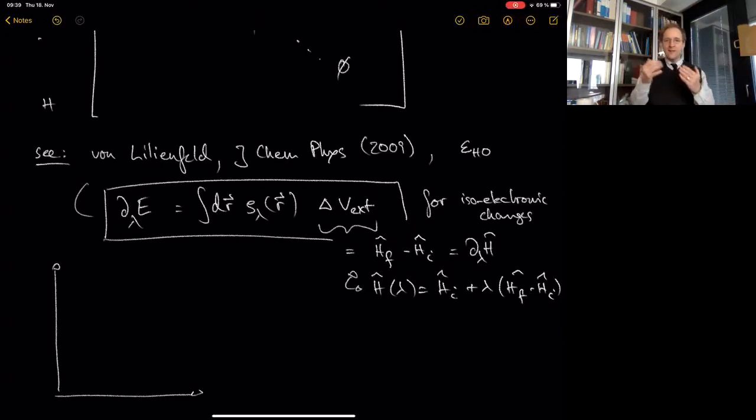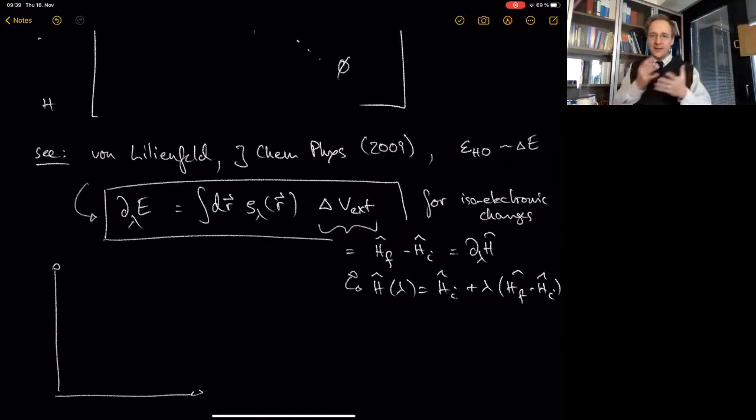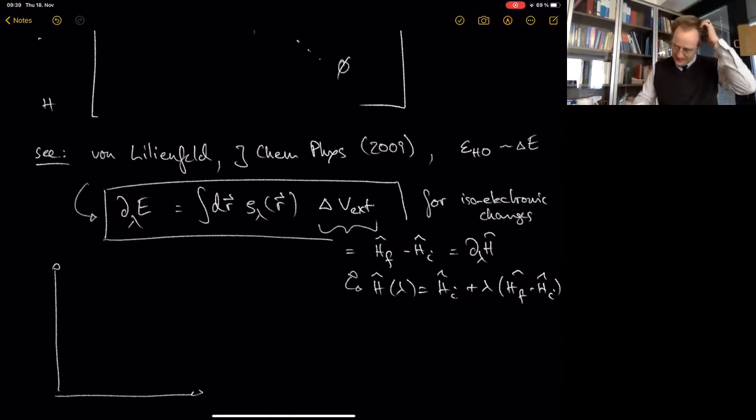Now the HOMO eigenvalue, and we discussed this before in the context of Janak's theorem, is something like an energy difference, a total energy difference in your number of electrons. And so this difference, or this Hellman-Feynman derivative, it's a linear operator, right? And that carries through for any differences like this.